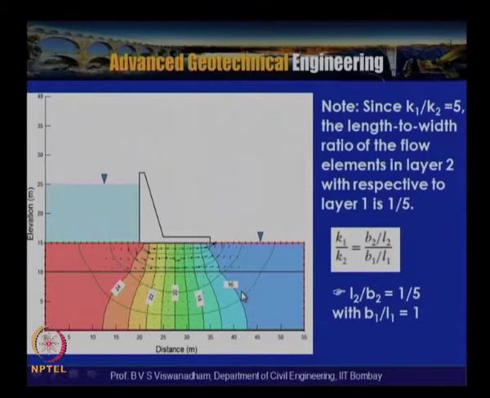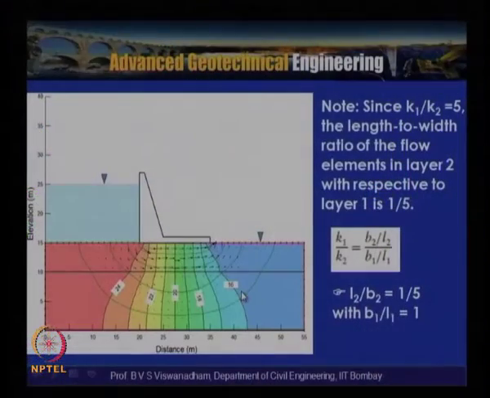If you have an impermeable layer above and a permeable layer below, there is again a possibility of getting small rectangles, because of the change in the permeabilities of the layers.